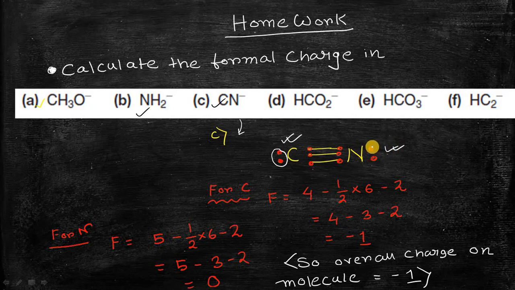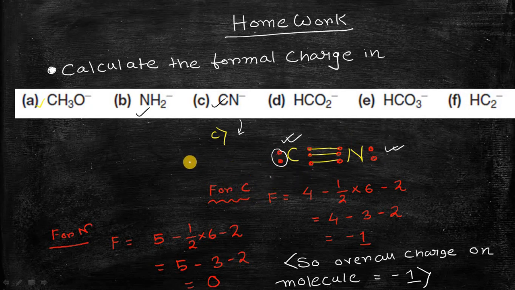That is something we have to confirm. If we draw a wrong Lewis structure, then whatever formal charge we get will be totally wrong. So the first step of calculating the right formal charge is to draw the proper Lewis structure. After drawing the proper Lewis structure of the cyanide ion, we have to determine the formal charge for carbon.